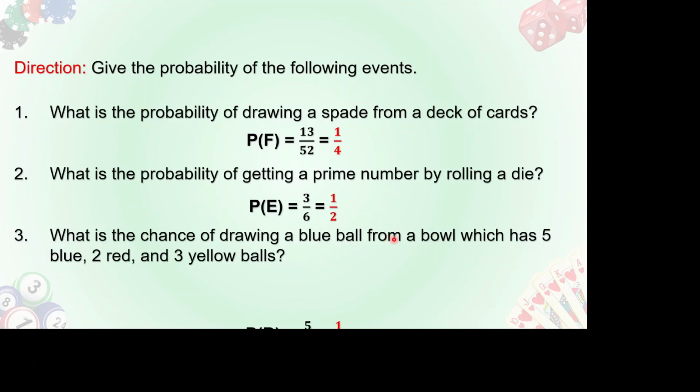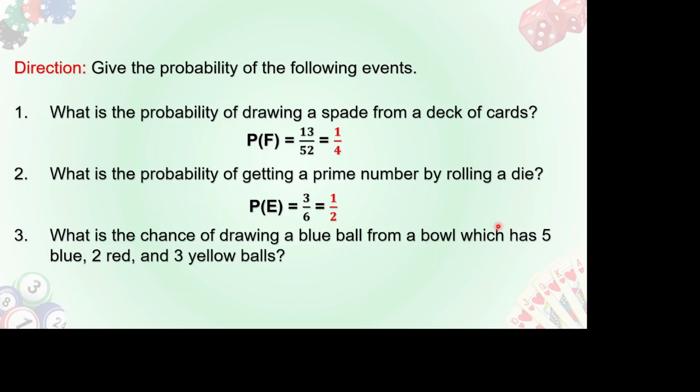Now let's have, what is the chance of drawing a blue ball from a bowl which has 5 blue, 2 red, and 3 yellow balls? So this is very direct. We have 5 blue balls, so that will be our favorable outcomes. And we have 10 balls because if you add them, we have 10 balls. Now you might think, sir, why did you just add it and not, like other times, multiply the possible outcomes? That's because each ball only has one color, so you don't have to multiply them.